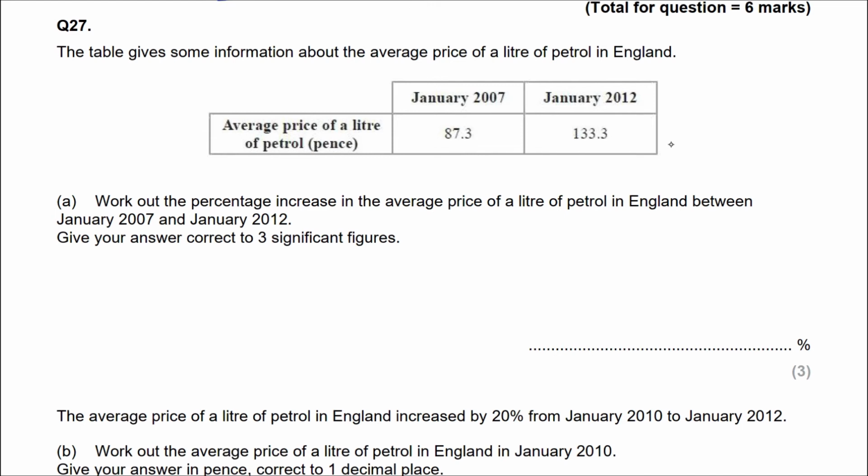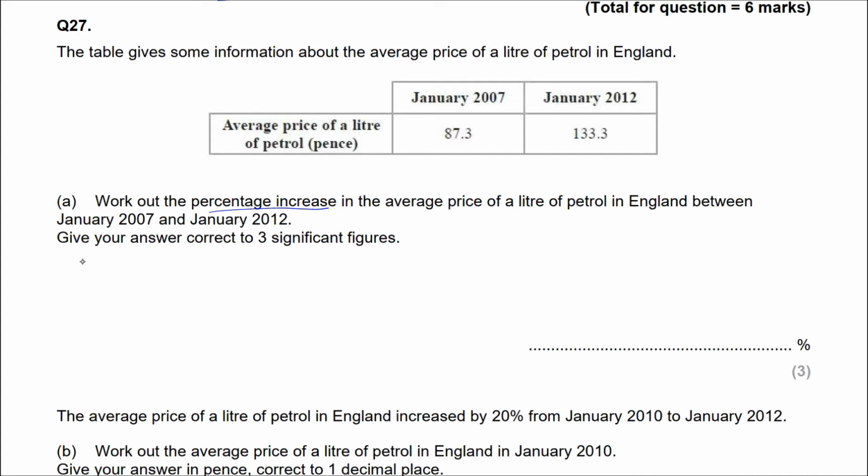Number 27, again, here we have the average price of a liter of petrol in England, January 2007 and January 2012. So work out the percentage increase from 2007 to 2012.